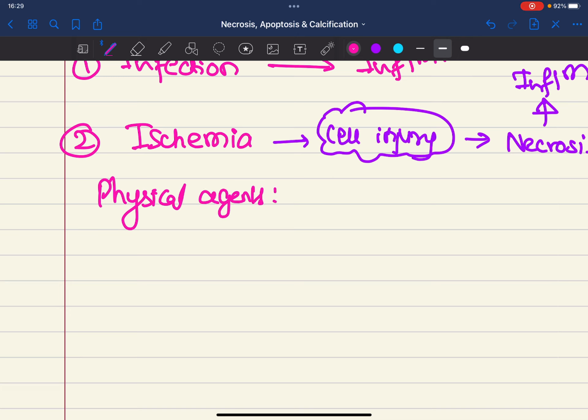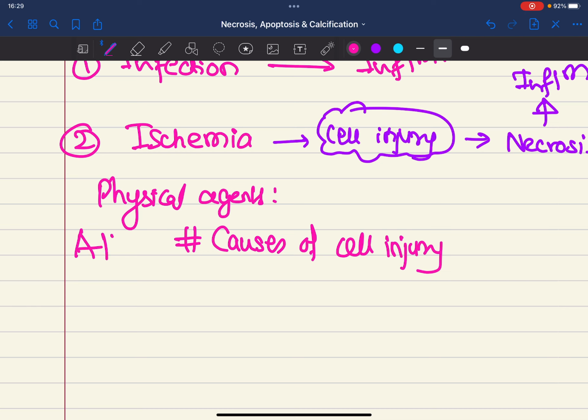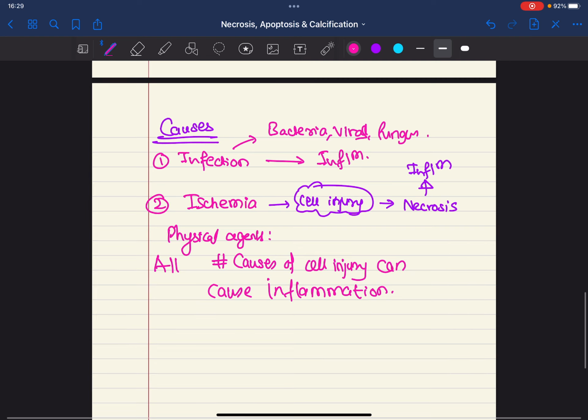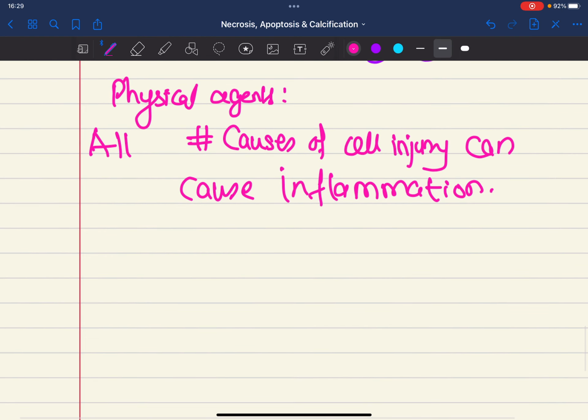Same things, we have talked about causes of cell injury. All causes of cell injury can cause inflammation.